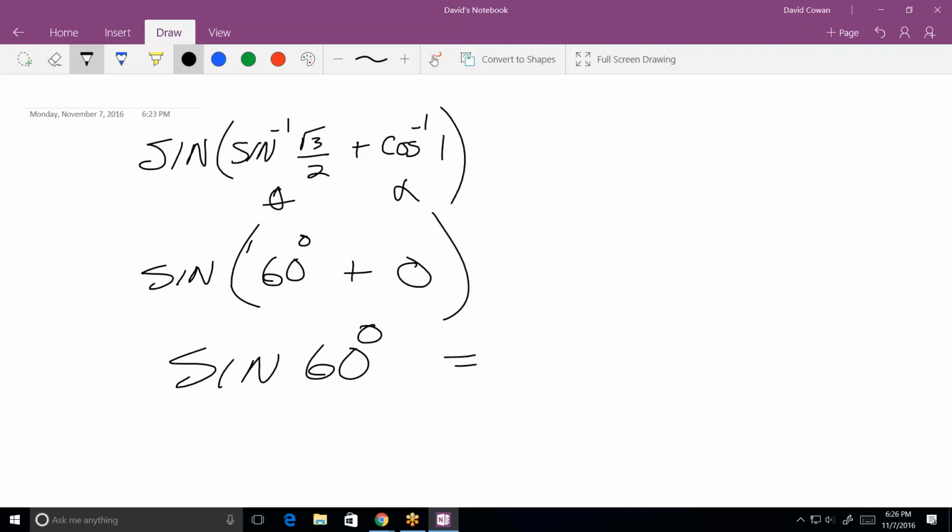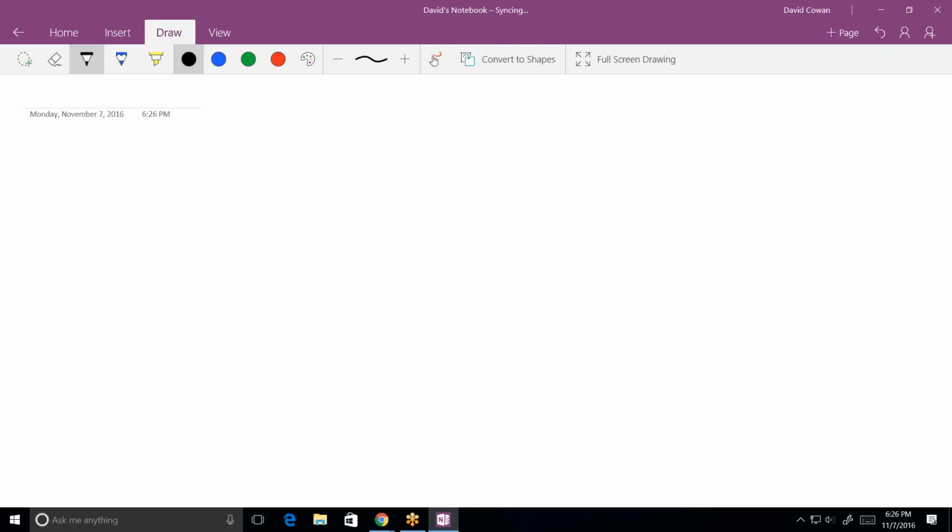Okay. Square root of 3 over 2. Okay. Now, before we go on, let me just address one other thing. When I say the inverse sine of 1/2, I'm talking about the first quadrant answer.